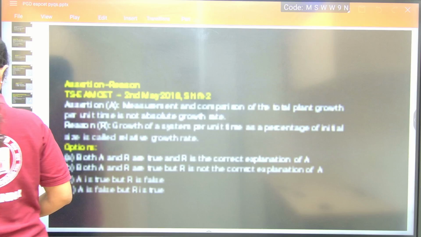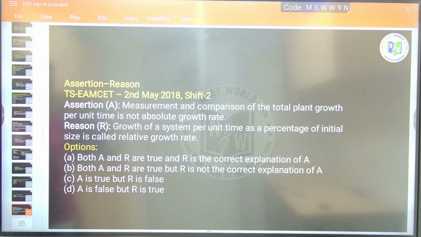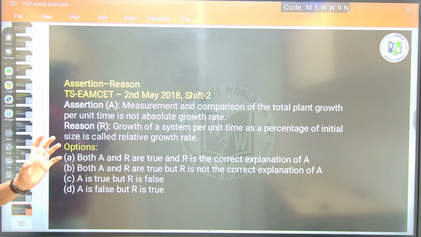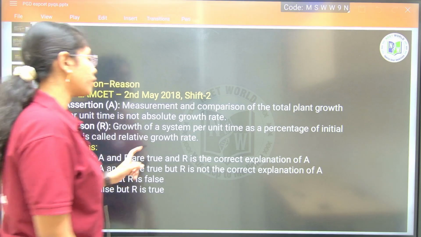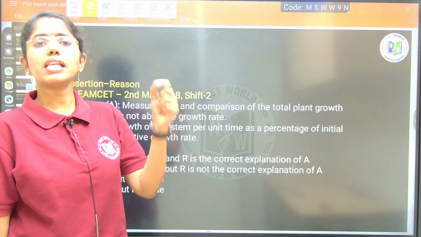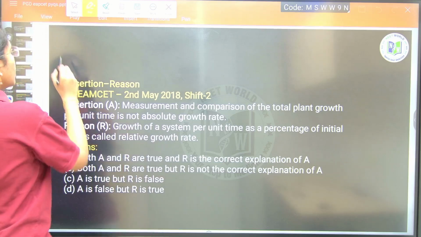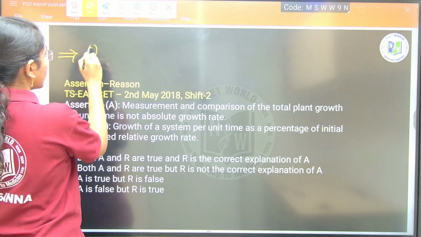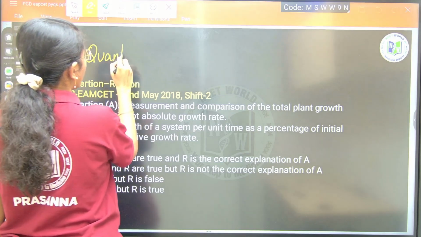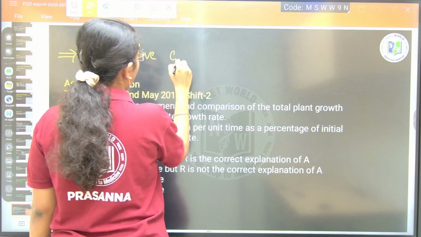Last question of today, which is assertion type. Growth statements are being directly asked, with quantitative comparisons.